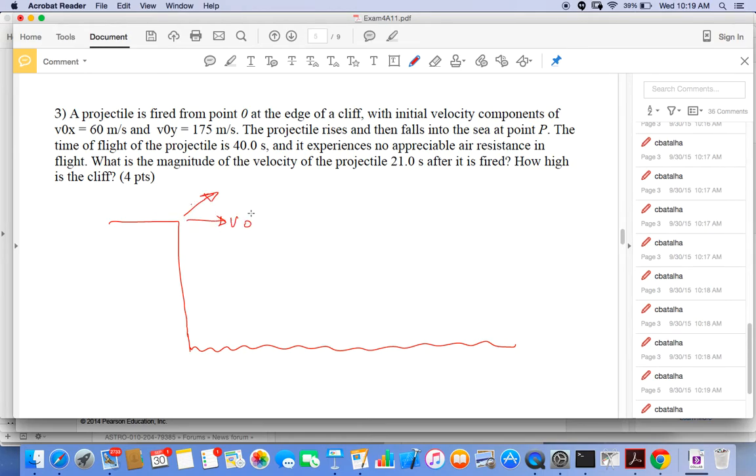So you have your v naught x, 60 meters per second, and you have your v naught y, which is 175 meters per second. So this is given. You don't need to worry about decomposing your initial velocity into x and y. That's already given. And it's your projectile.